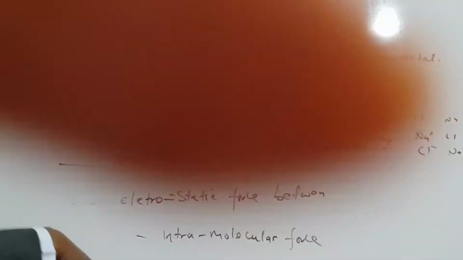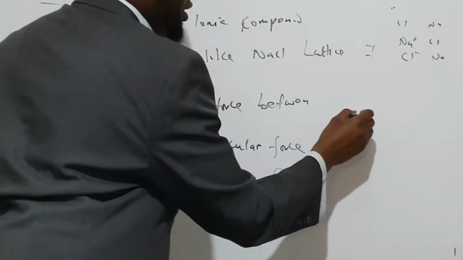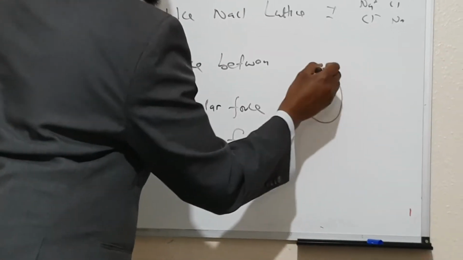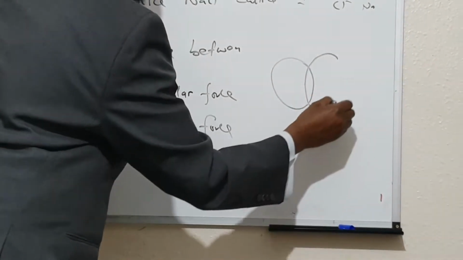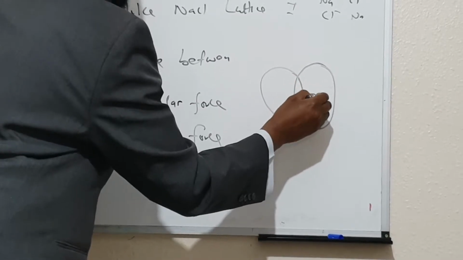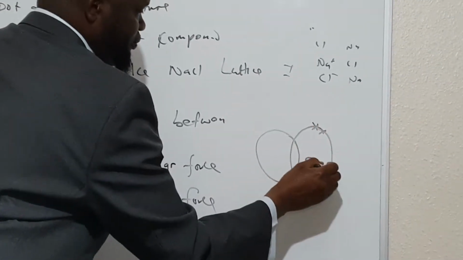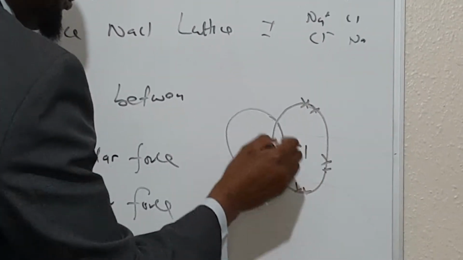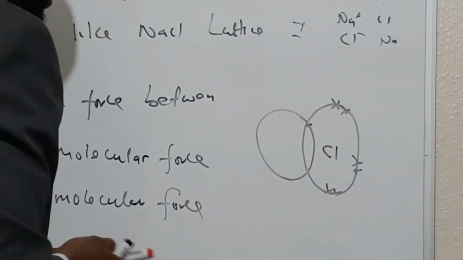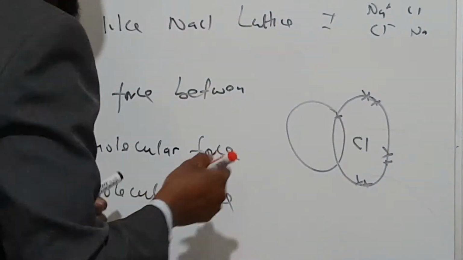Intra means within the ion itself. You have sodium and chlorine. You look at the outermost shell, chlorine having 7. And then you'll be looking at the sodium.